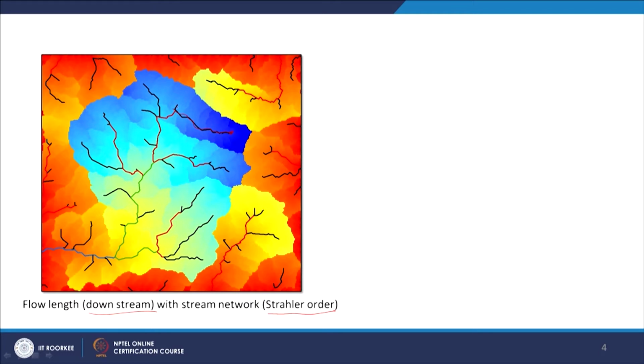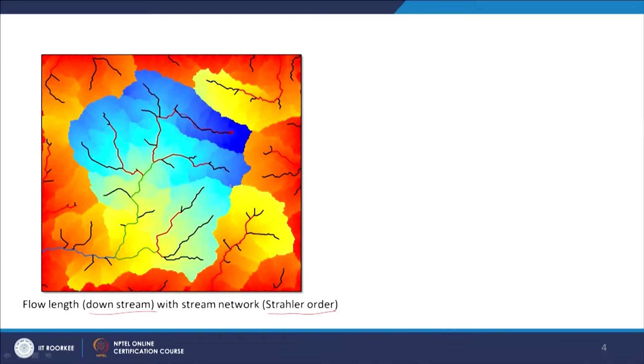So for each cell the changes are occurring. It is a raster, so the flow length is not calculated only along the drainage, but for each cell. As you can also realize, these are the boundaries which are being formed here. Ultimately they may become our watershed boundary, but that is a different thing.